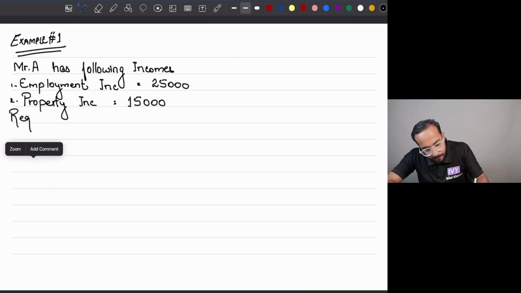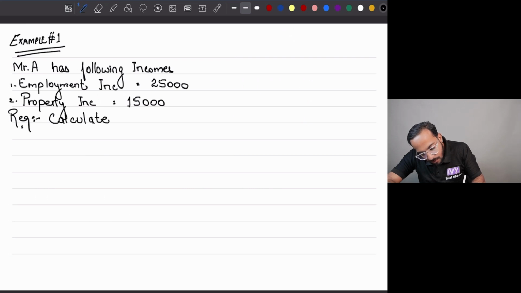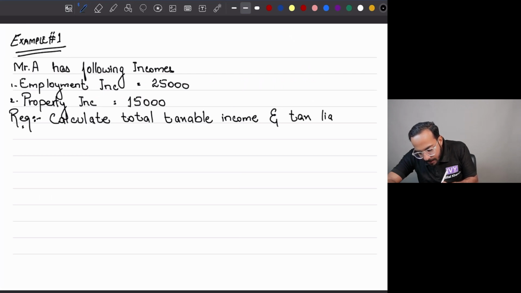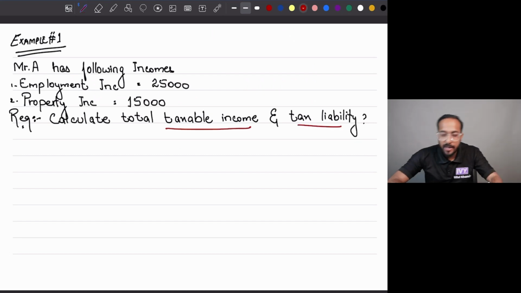Requirement: calculate total taxable income and tax liability. These are the two requirements which normally come in the exam: taxable income and tax liability.